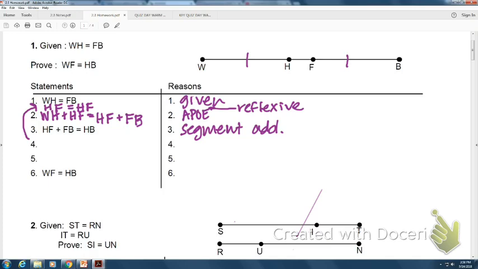Okay? Following in that same kind of order, what else do we know? So we've established what HB is made up of. What else do we need to establish? Very good. WH plus HF equals WF.